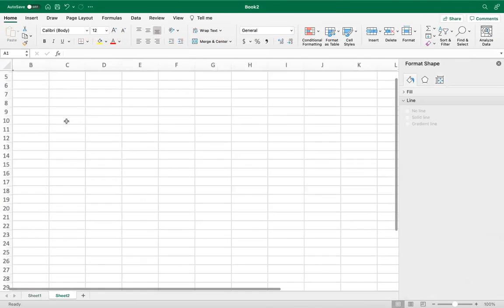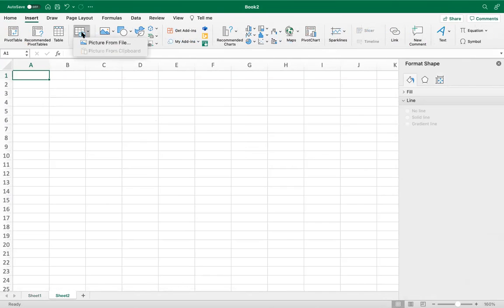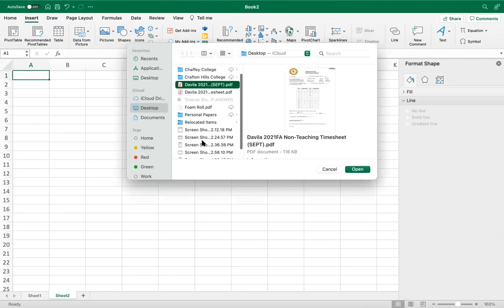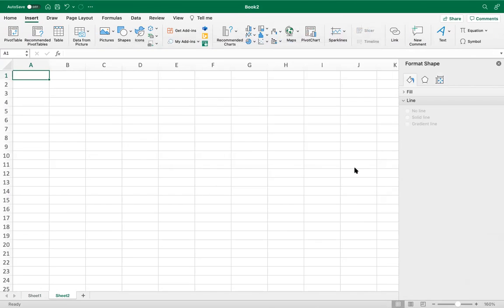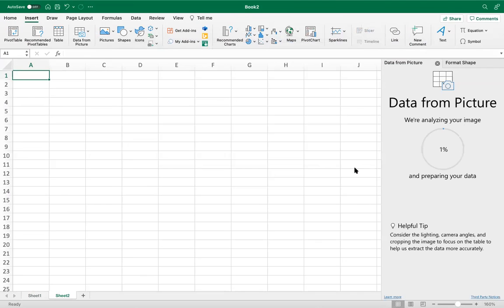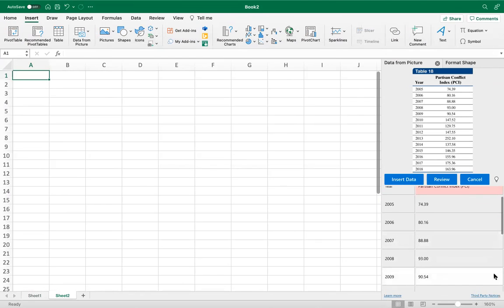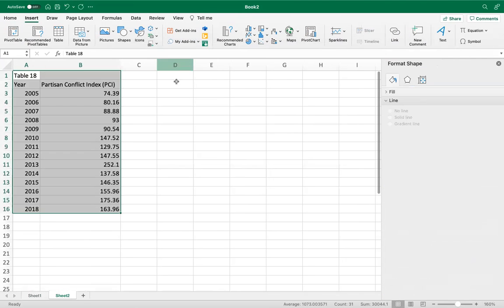And we are going to insert a new table, so data from table, from a picture. This one. All right, everything looks pretty good. We're going to insert data, even though there's a couple of mistakes that they think are mistakes.